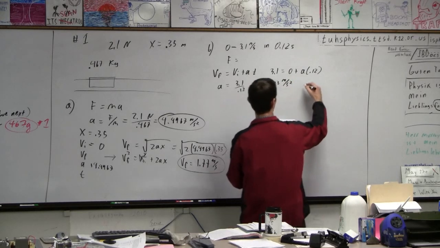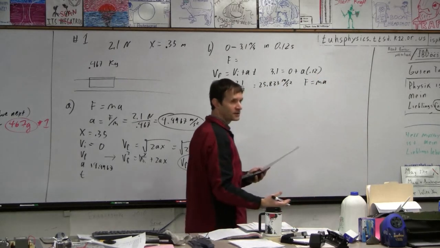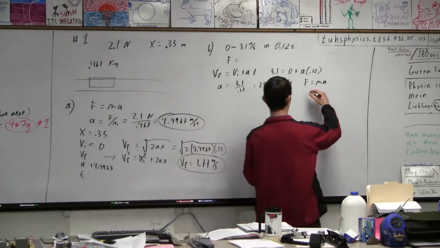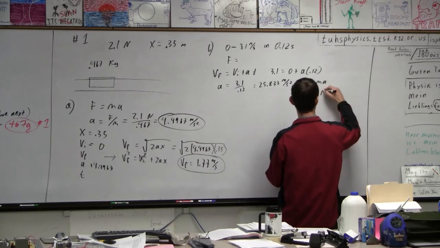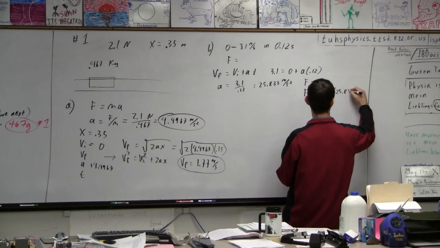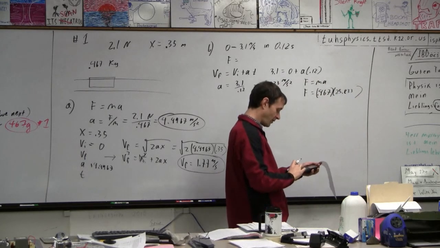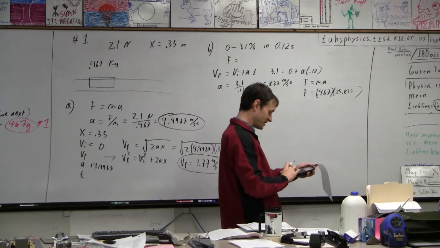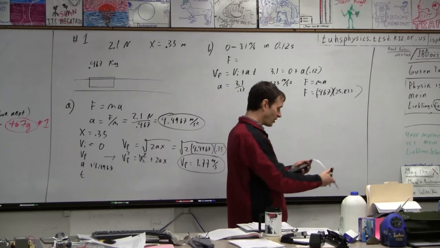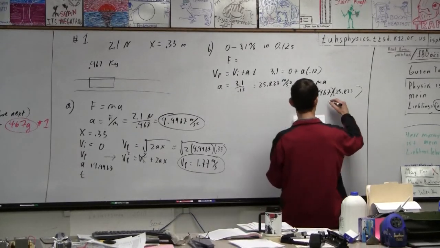Then to find the force, F equals ma. There's no friction on this one, so it's just Newton's second law. F equals 0.467 times 25.8. Hopefully that'll give me the right answer. I'm lacking faith. 12.06 newtons. That's the answer I get.